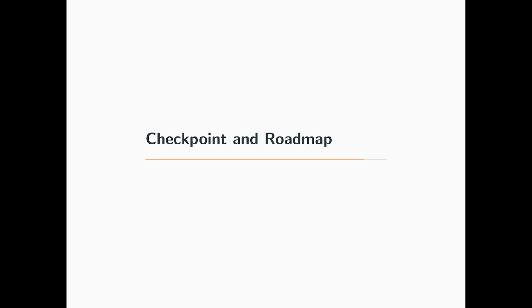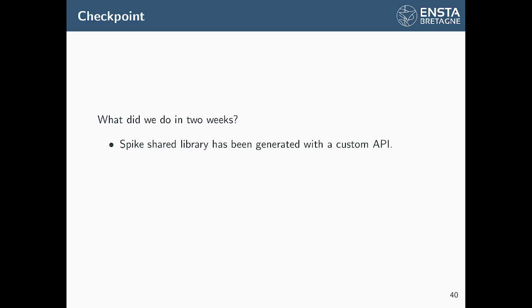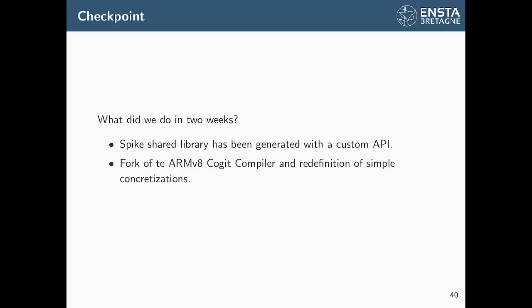So now I'll go over the checkpoints of where we are, what we did in the 2 weeks that I was in Lille, and what the next steps are. So what did we do in the 2 weeks? We extracted a shared library from the Spike simulator, with a custom API that we can call from Pharo.